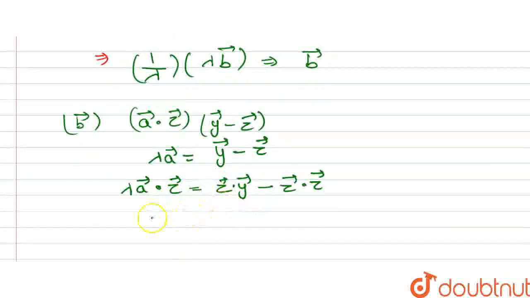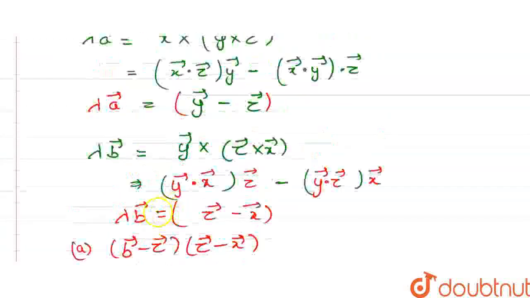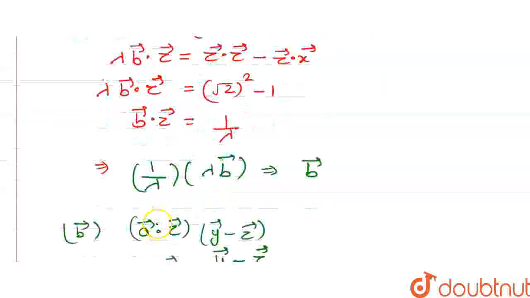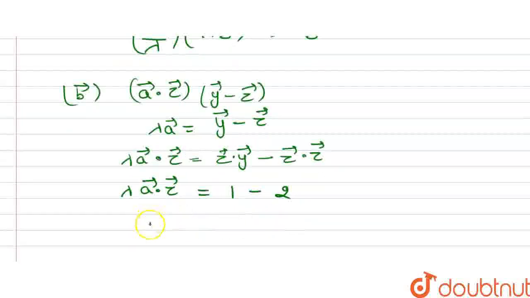So from here lambda a vector dot z vector, and z into y, we have z into y is 1. So we can write here this is equal to 1 minus z into z vector. So we get under root 2 square here. So again we get 2. So this will be equal to a vector dot z vector is equal to minus 1 by lambda.